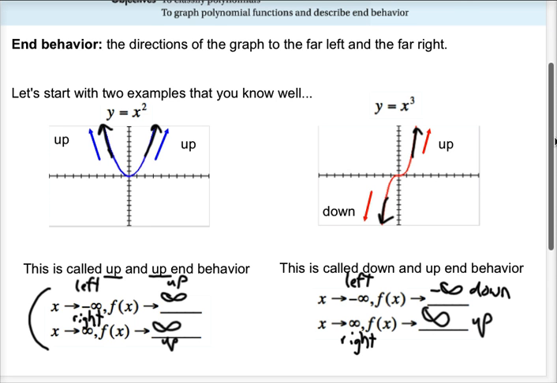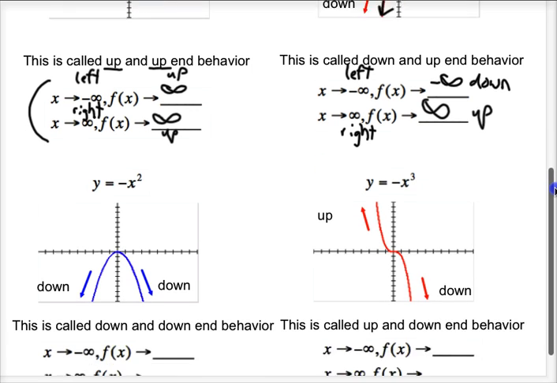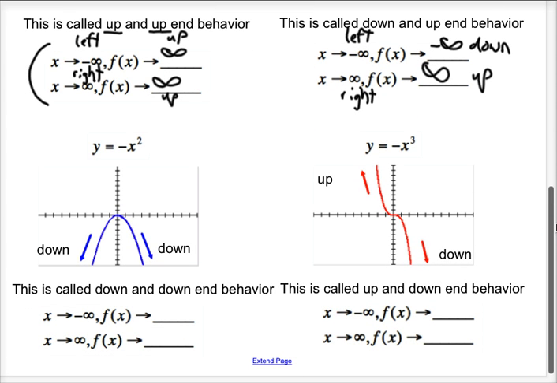Now, of course, we have to spice it up a little bit. So we're not just going to leave it at x squared and x cubed. I also want you to think about, well, what happens when we have the negative? Now, we know that negative means an x-axis reflection. So notice what's happening. So our y equals negative x cubed.